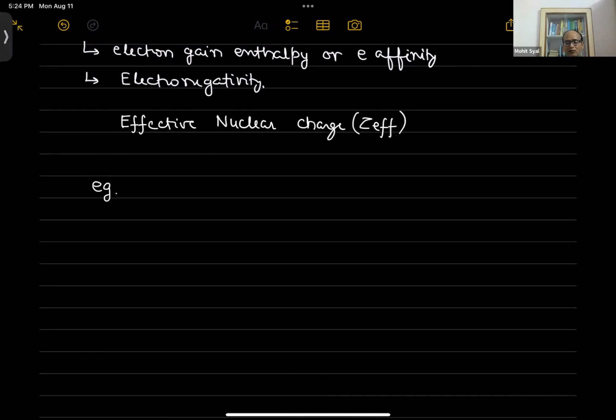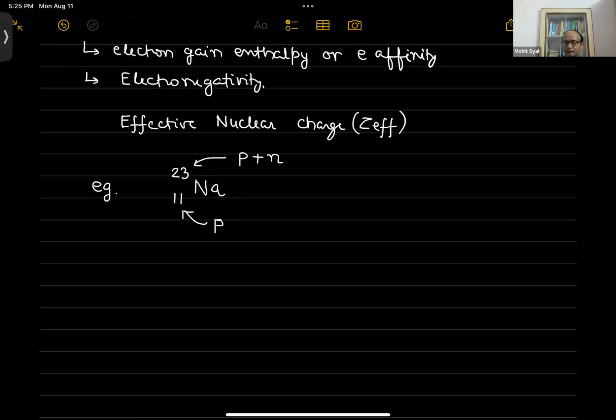The atomic number is 11, so it has 11 protons, and the mass number is 23. If it is Na plus, then you need to remove one electron. Normally, in a neutral atom, the protons and electrons are the same.